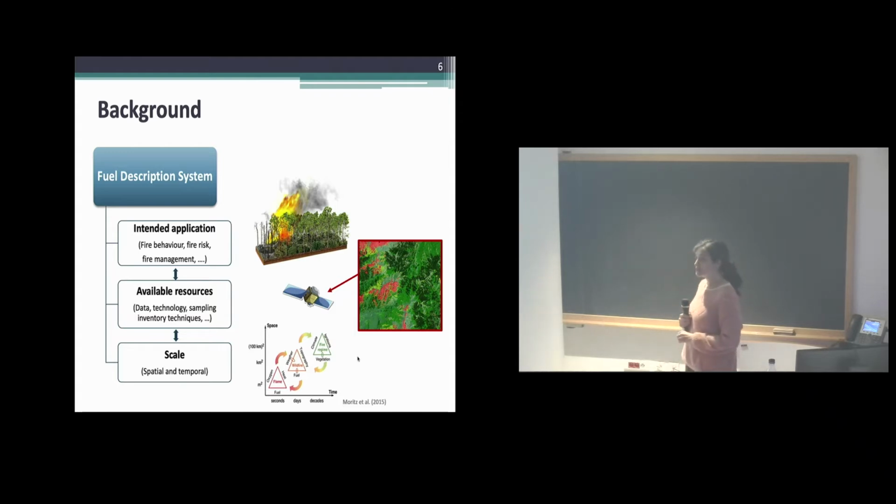If we take a look at what has already been done for describing vegetation, we can see that the way fuel is described depends on the intended application. Is it just fire behavior, fire management, or what are the available resources to characterize this vegetation, and at which scale do we want to work?